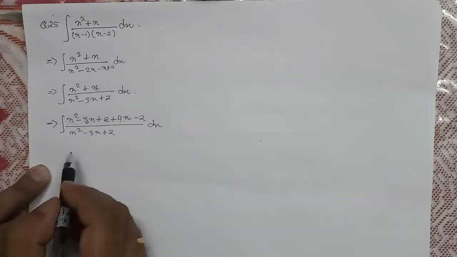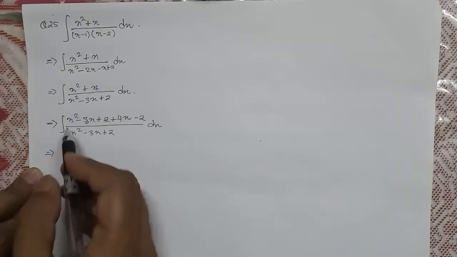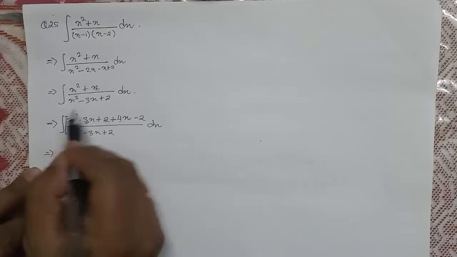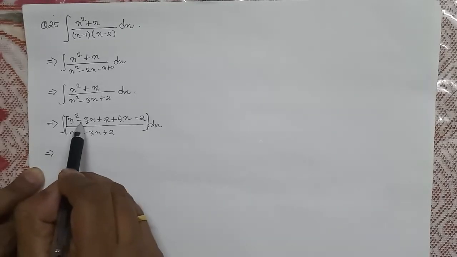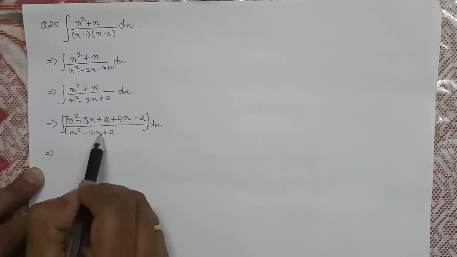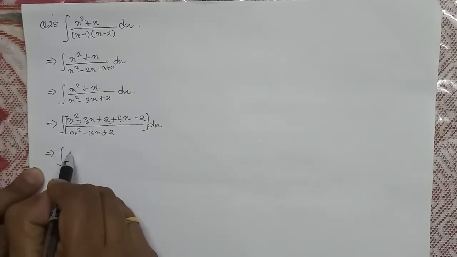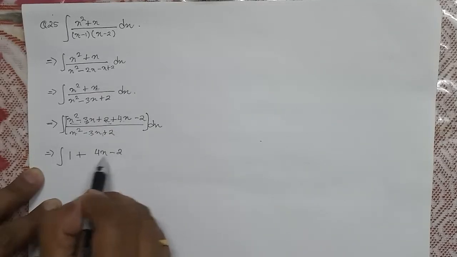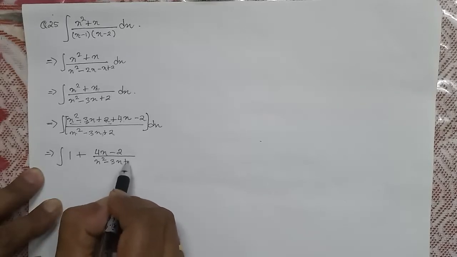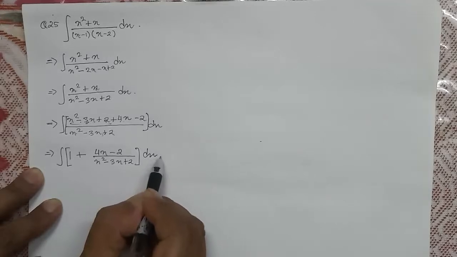Then after getting these things, I'll divide the integral separately. I'll divide x square minus 3x plus 2 by x square minus 3x plus 2, the entire quantity by this denominator. Then we'll get 1 plus 4x minus 2 over x square minus 3x plus 2 dx.